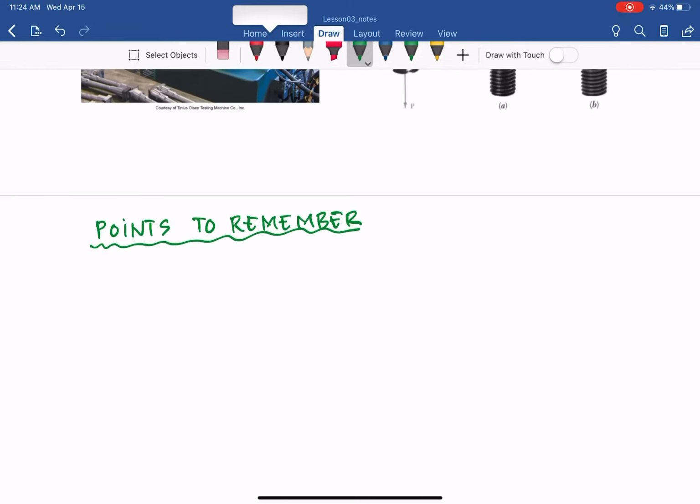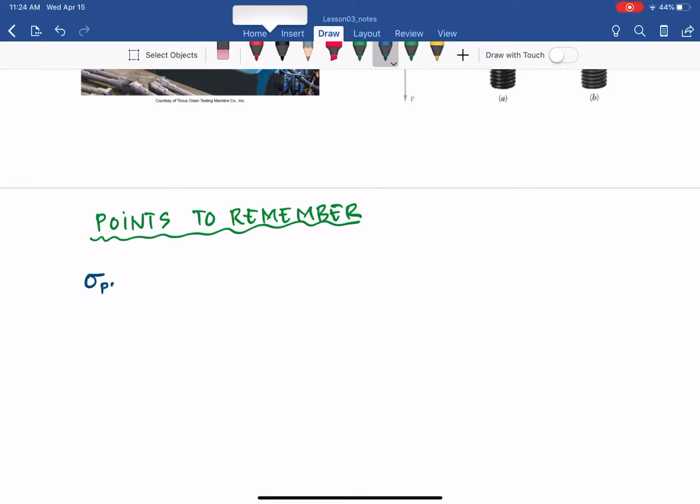So the sigma PL stands for proportional limit. Basically, the limit of the normal stress where the material behaves linearly.